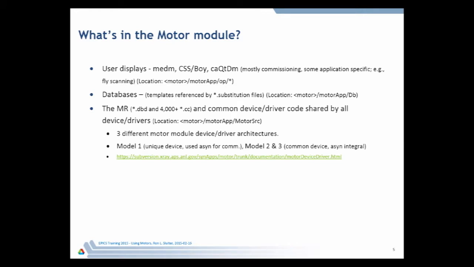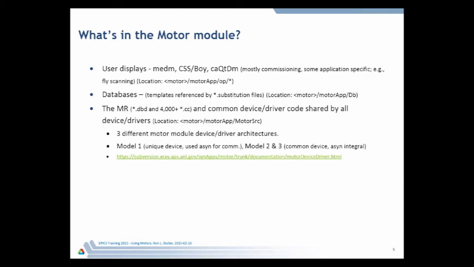Then, of course, the motor record itself is in the motor module. It consists of only 2 files, the database definition and about 4,000 lines of source code. And then the other needed part is the device driver support.